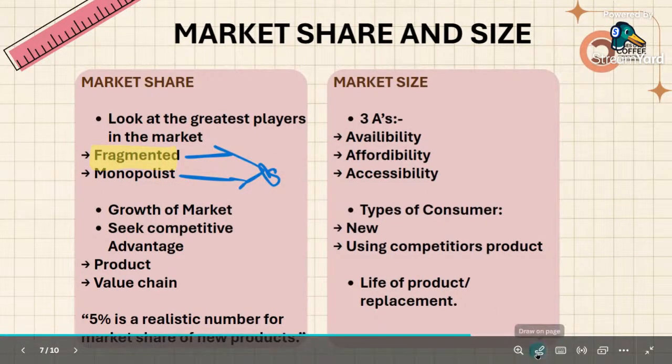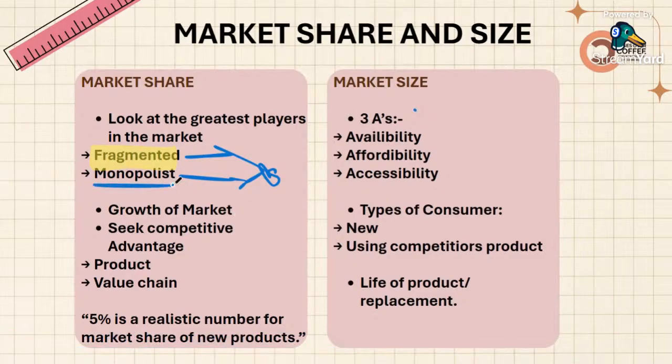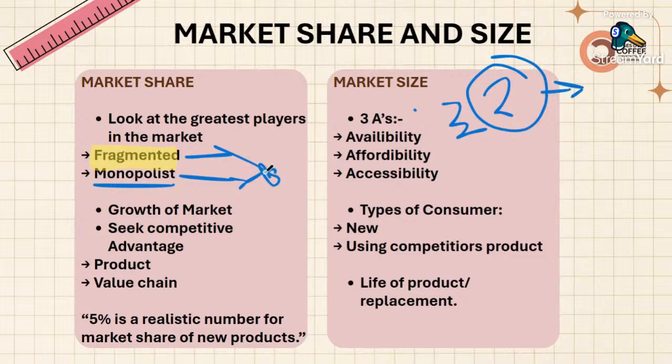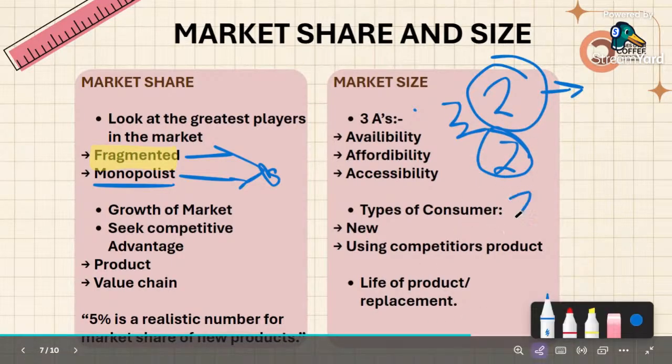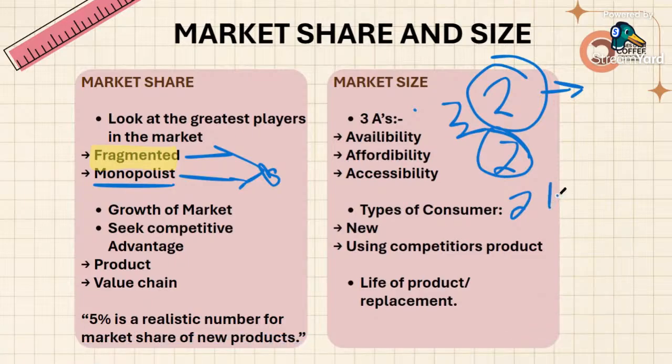So what is the strategy that we'll be implementing? In the monopolist case, we'll take a look at the recent two biggest entrants into this market, and based on their entry, we will discuss how these two new entrants gained the market share, and try to understand how much market share was gained by these companies in 1 to 2 or 2 to 3 years.